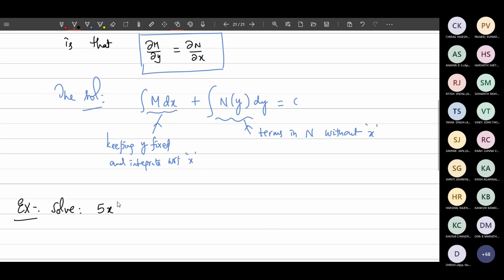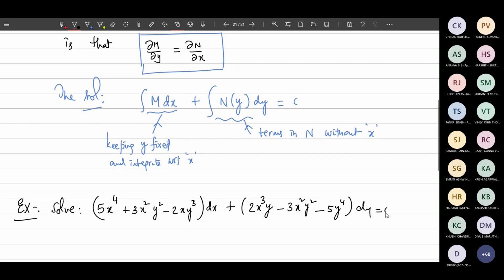This big expression: (5x^4 + 3x^2y^2 - 2xy^3) dx + (2x^3y - 3x^2y^2 - 5y^4) dy = 0.